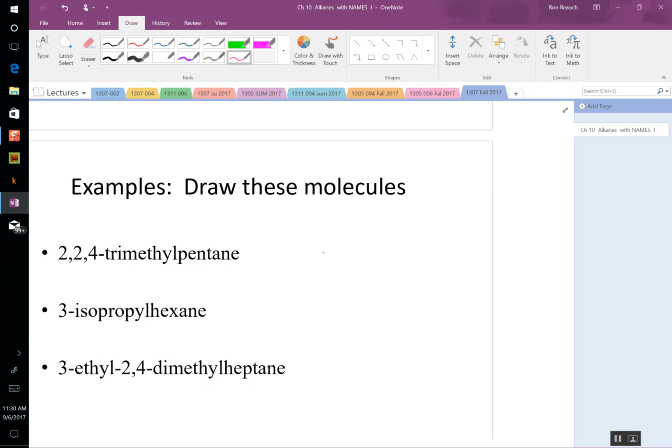Draw the structural formula of hexane. The last thing you want to put on your structure are hydrogens. Don't put your hydrogens on until you have the structure and the substituents, and then fill in the gaps, anything that needs to have a hydrogen after that.